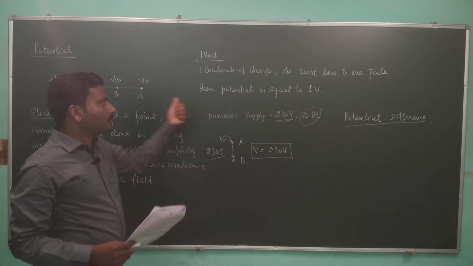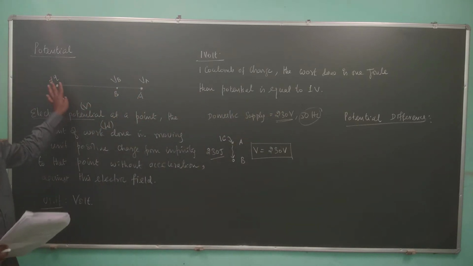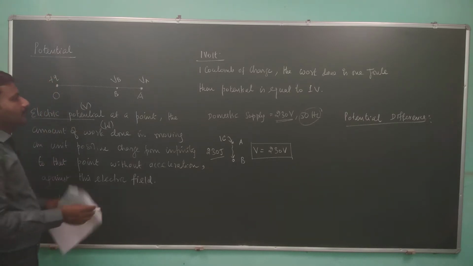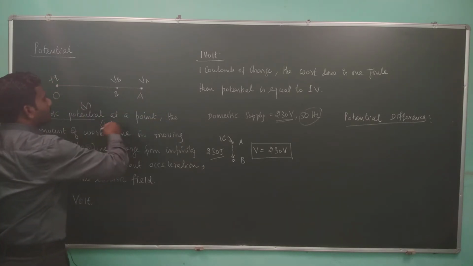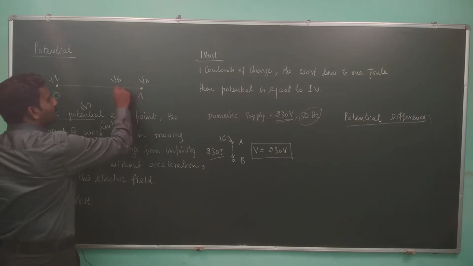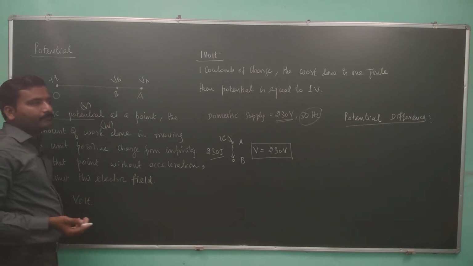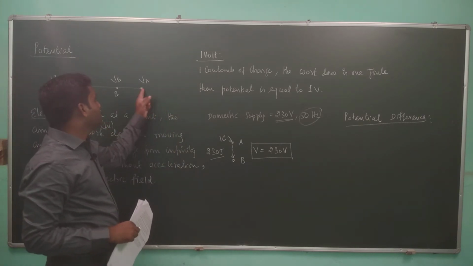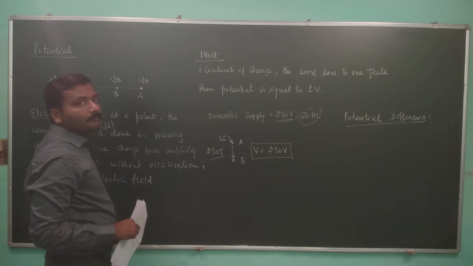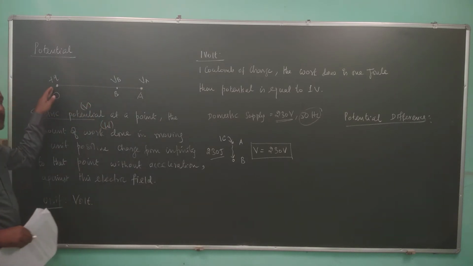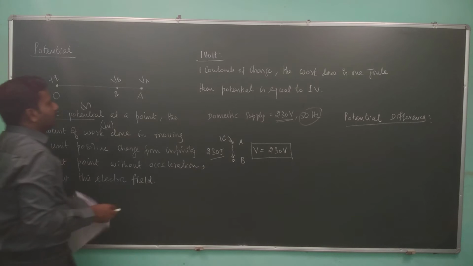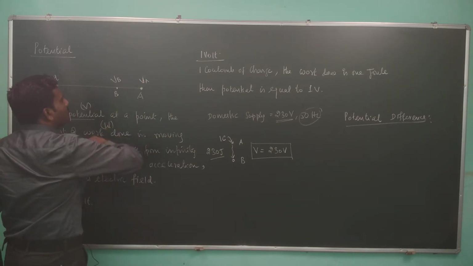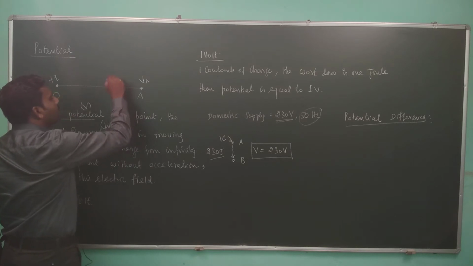When it is coming close to a positive charge, in the charge's vicinity, then as it goes closer, the amount of potential it has will differ. The same 1 coulomb of charge will have different potential at different positions with respect to the charge. In that way, assume the potential is VA at point A and VB at point B.